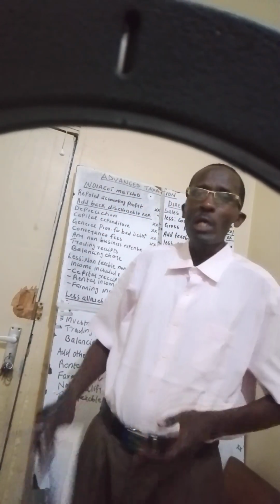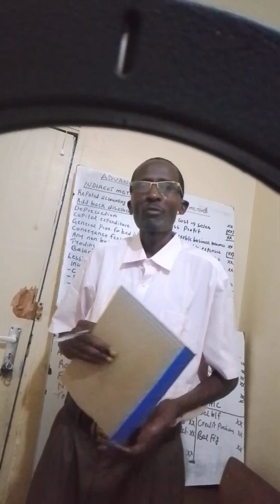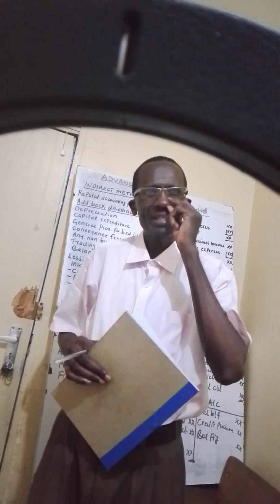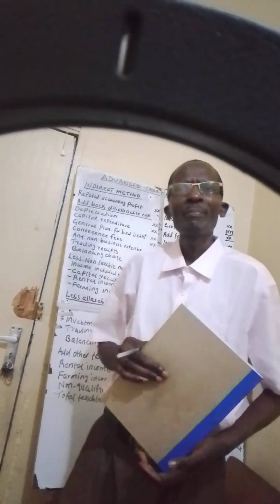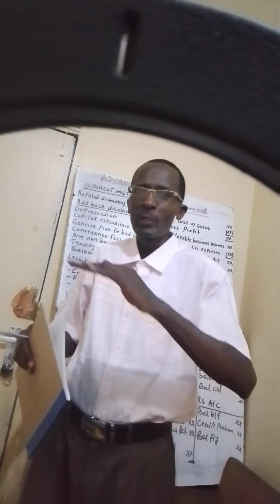So, in financial accounting as well as financial reporting, at this level, you should be very conversant with how to prepare the accounting profit. You get your sales, you minus the cost of sales, then you less all expenses.